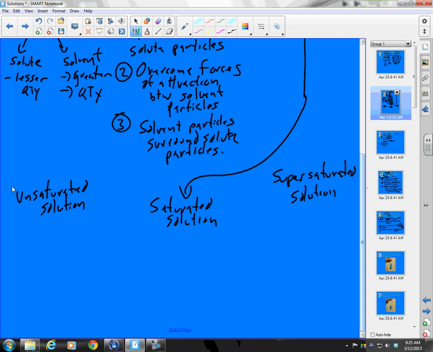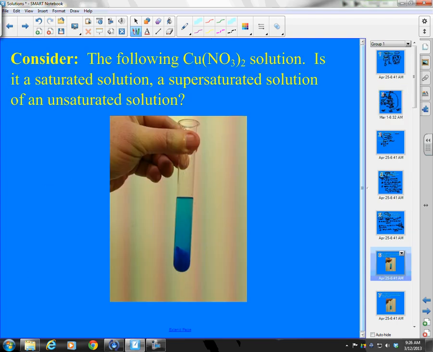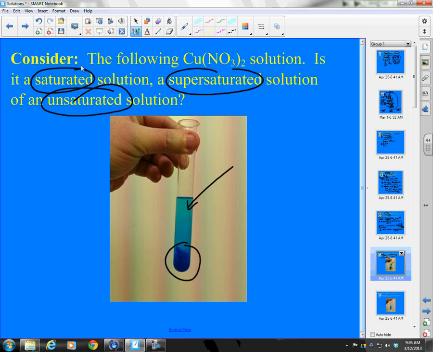And if we look at our question here, we see we have to understand that, right? Consider copper 2 nitrate solution. Is this a saturated solution, a supersaturated solution, or an unsaturated solution? And when I look at this picture, what do I see? I see an area that looks like it's just liquid, and then I see an area down here that looks like it's a solid.